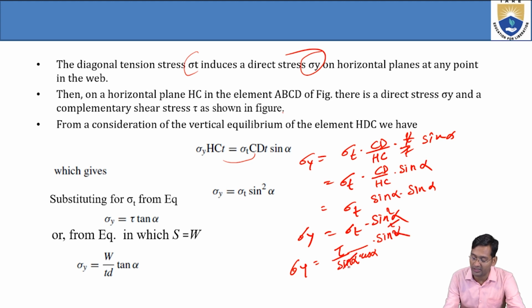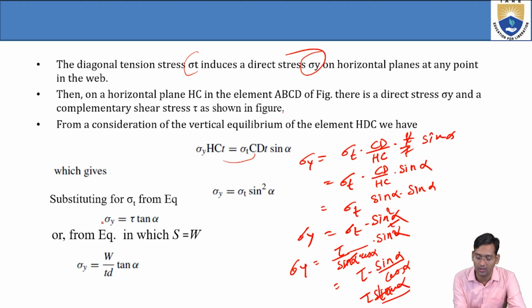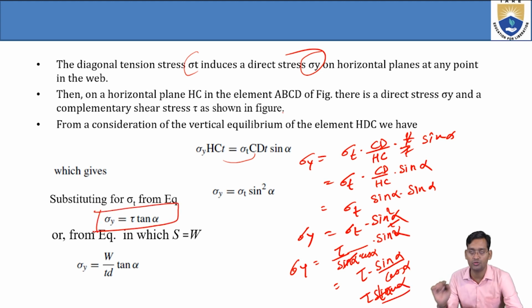So sine square alpha by sine alpha cos alpha, what is that? Tau into sine alpha by cos alpha. Sine alpha by cos alpha is tan alpha, so that gives tau tan alpha. So sigma Y equals to tau tan alpha.